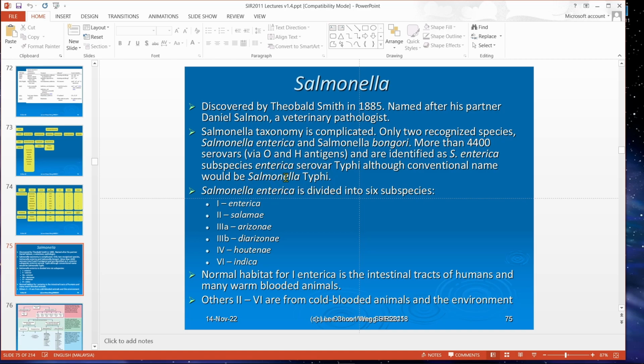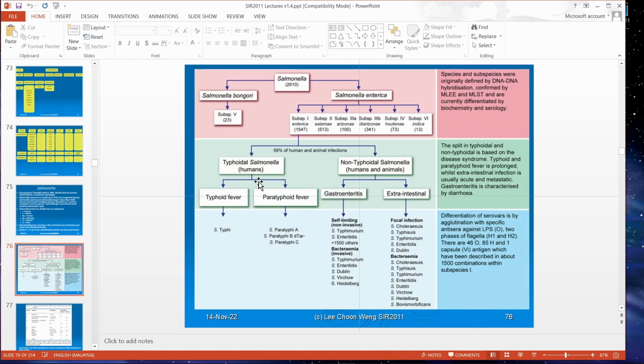But this is only for Salmonella. Remember that. Salmonella bongori is actually subspecies 5. Most of them are detected in reptiles: lizards, monitor lizards, chameleons, and all that. So this is how it is divided. You have Salmonella bongori here, and subspecies 1 here.